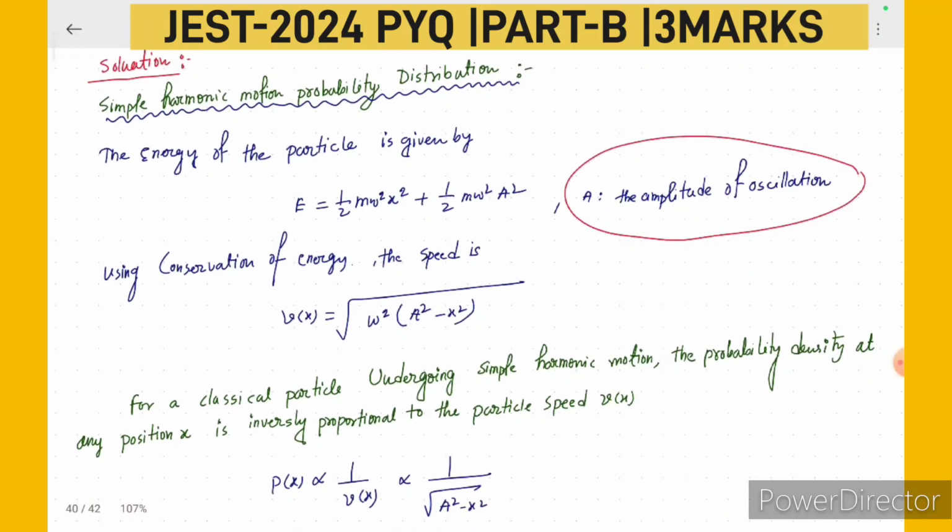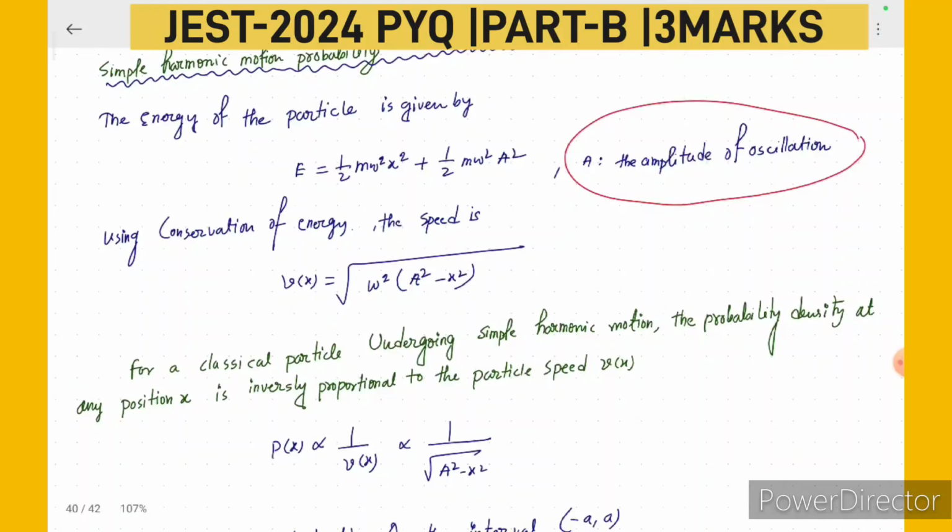Using the conservation of energy, we calculate the speed of the particle. This is a class 12 problem. v of x equals root of omega squared times (a squared minus x squared). But we know for a classical particle undergoing simple harmonic motion, the probability density at any position x is inversely proportional to the particle speed.